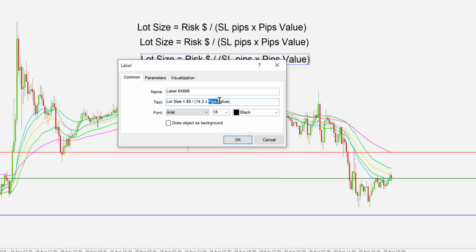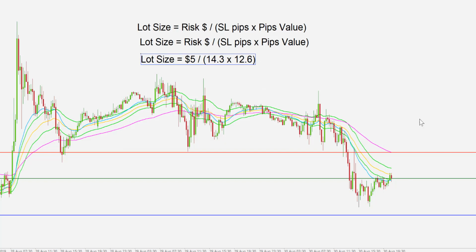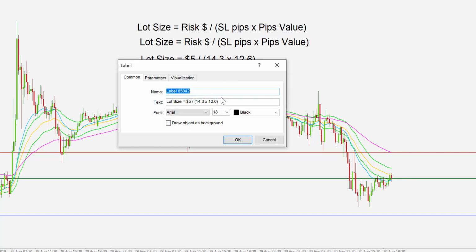So it will be this times 12.6, and this whole thing would then be equivalent to 14.3 times 12.6, which will give us 180.18.